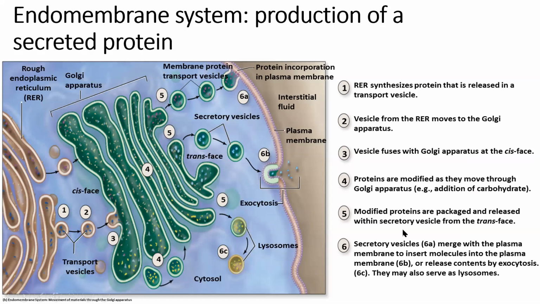This is a really nice figure because it goes over what happens to a protein when it is produced, and what a protein goes through before it becomes functional and ready to do its job.